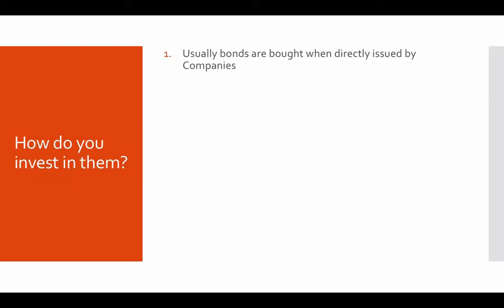So how do you invest in them? Usually bonds are bought when directly issued by companies, and the purchase is done through a bond broker or dealer. Now this broker or dealer may be a usual stock broker or stock dealer, or it could also be a separate bond broker specialist.